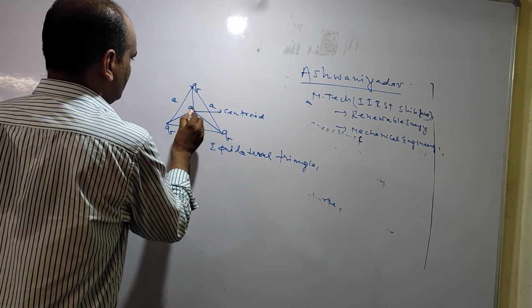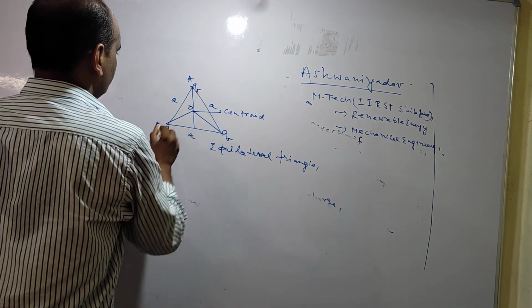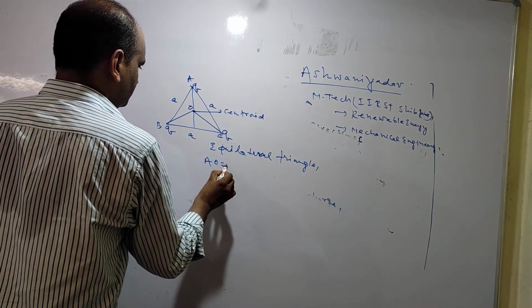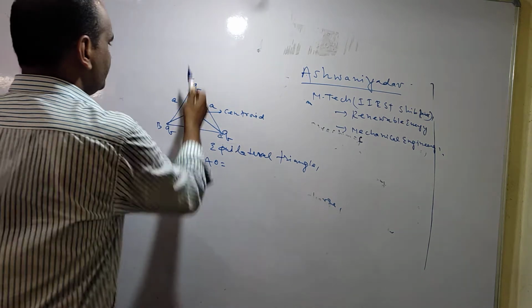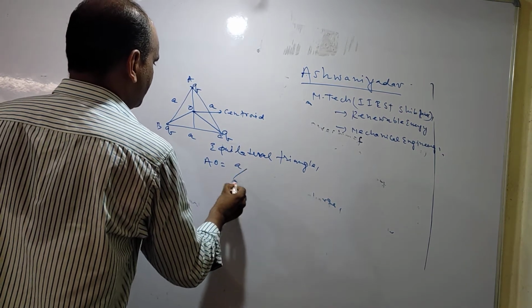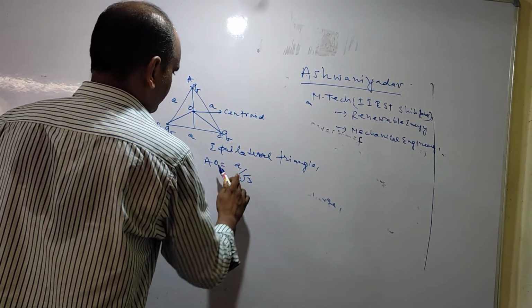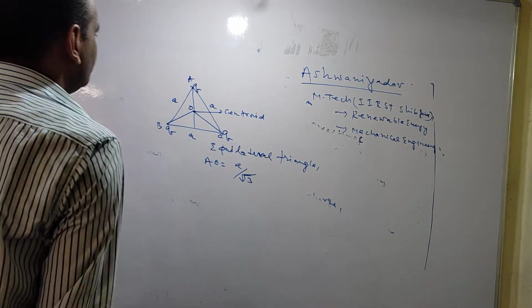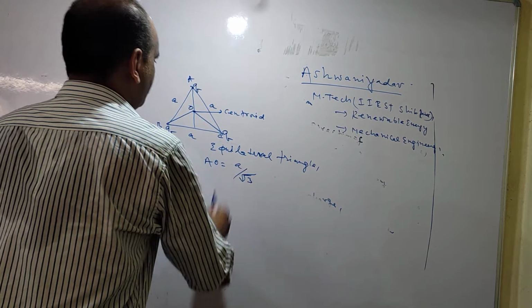Suppose O, A, B. I'm remembering it, you can derive this, but I think it is a by root 3. You can check whether I am right or wrong. By geometry, AO is equal to a by root 3.